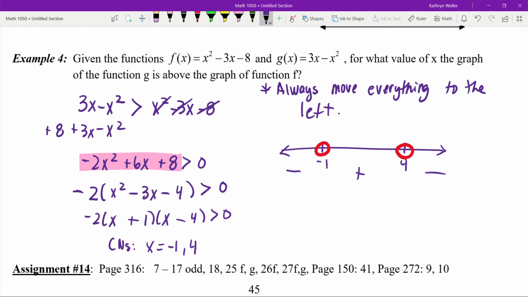You can go through and test them. 0, store, enter, up, up, enter, and I got a positive. Do a 5, store, enter, up, up, enter, you get a negative. I'm looking for greater than 0, that would be positive. So my answer is -1 with a parenthesis to 4 with a parenthesis, and there's my answer. Okay?